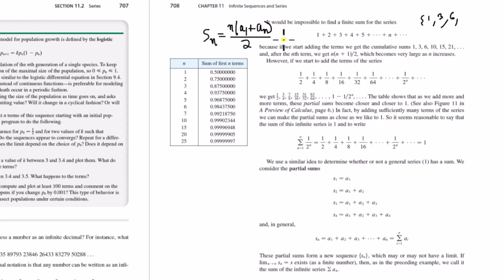And when it comes to arithmetic sequences, we were actually able to come up with a general formula, which is not always the case. That's actually hard to do.